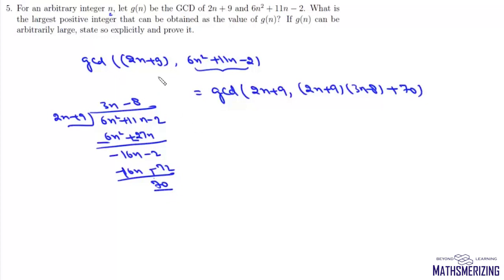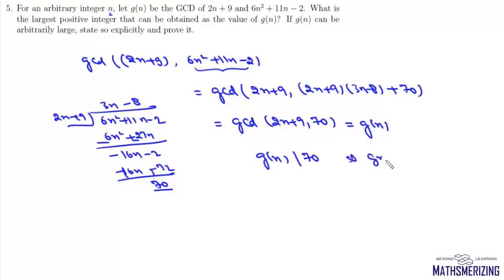So GCD of 2n plus 9 and 6n square plus 11n minus 2 will be equal to GCD of 2n plus 9 and 70. Now this GCD is Gn. That means Gn divides 70 and Gn divides 2n plus 9.